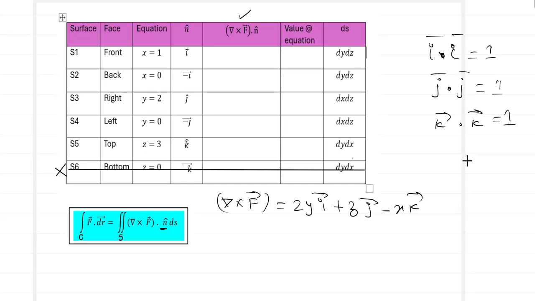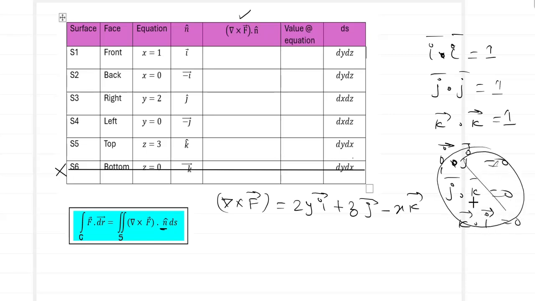All other mismatched combinations like i dot j is 0, j dot k is 0, k dot i is 0. So whatever the mix match, all of them are going to vanish. Only i dot i, j dot j, k dot k is going to exist. So now when I consider this i vector, I take the del cross F dot n cap.